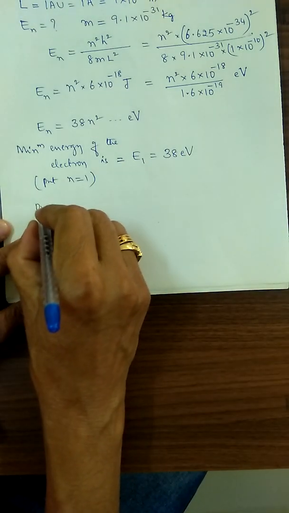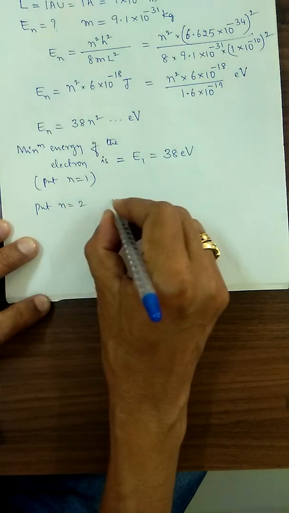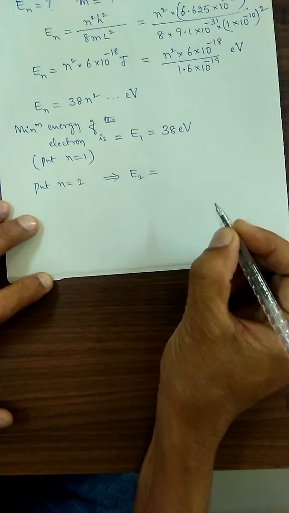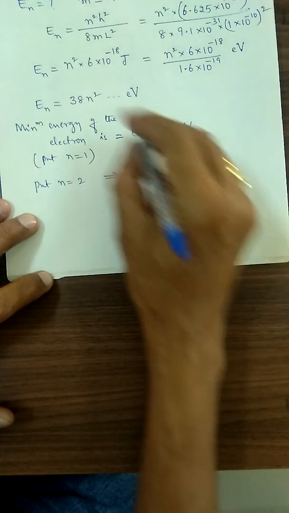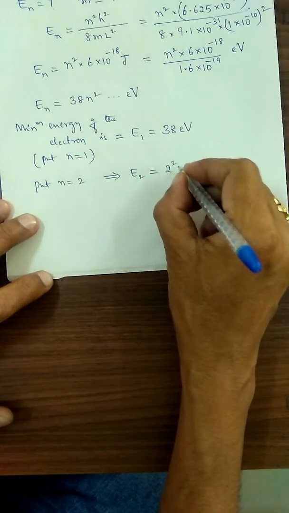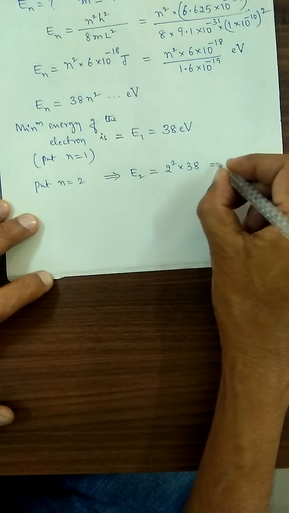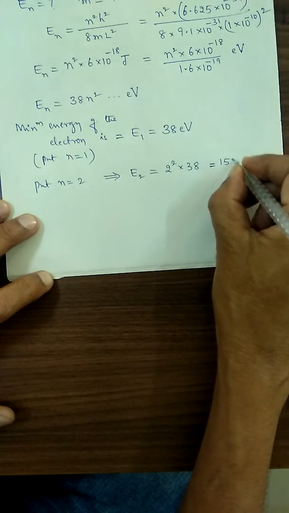E2 is equal to, put n is equal to 2. This implies E2 is equal to 2 square multiplied by 38, that is equal to 152 eV.